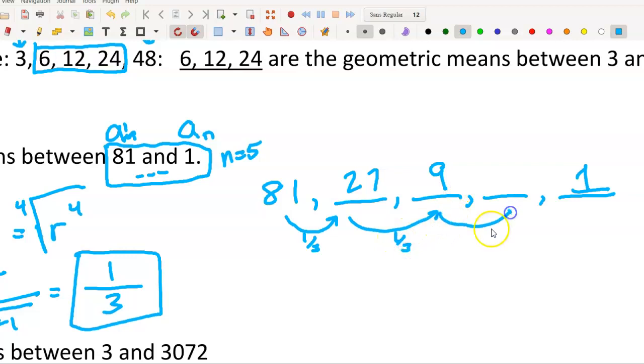Multiply by another 1/3, get 3. And these are the actual answers here: 27, 9, and 3. And we can always do it one more time just to verify it works. If I get all the way to the other end, and 3 divided by 3 truly equals the last number, then I know my r is 100% correct.